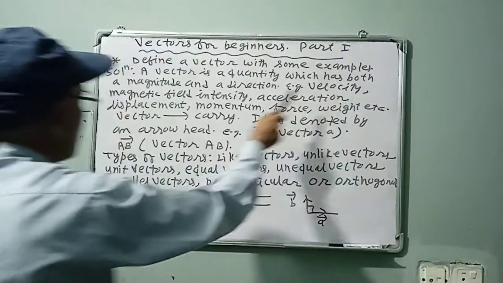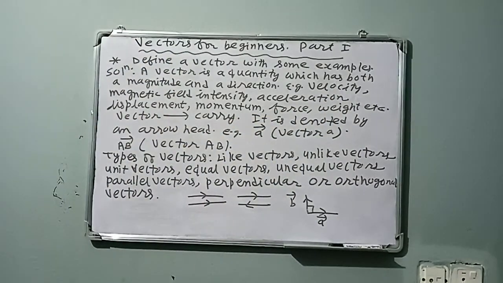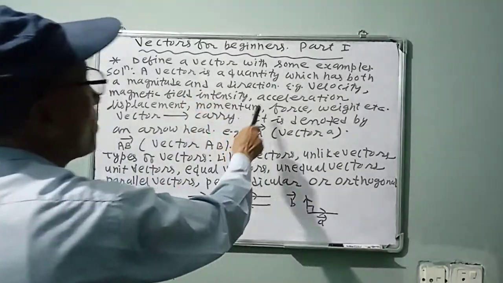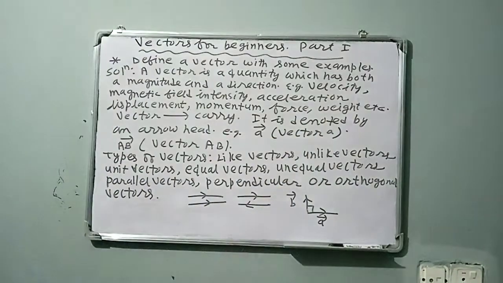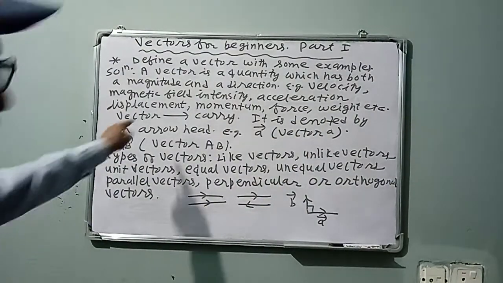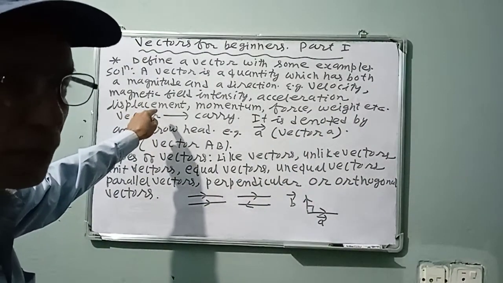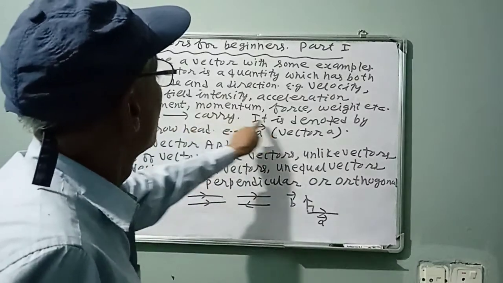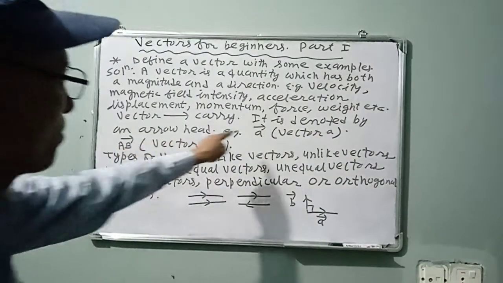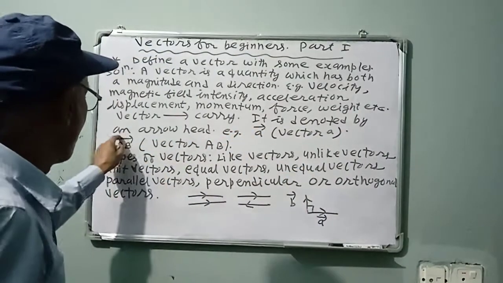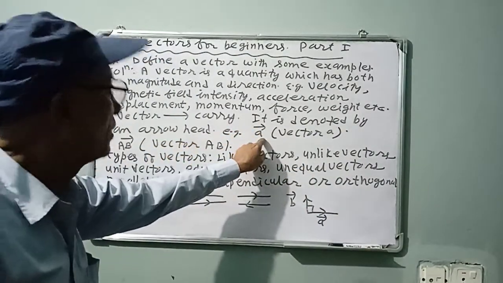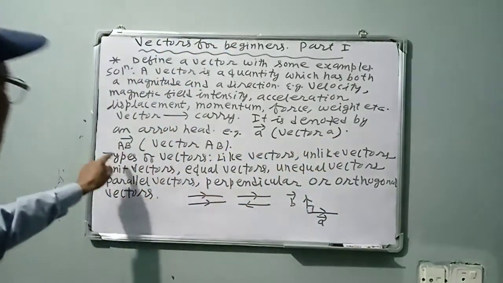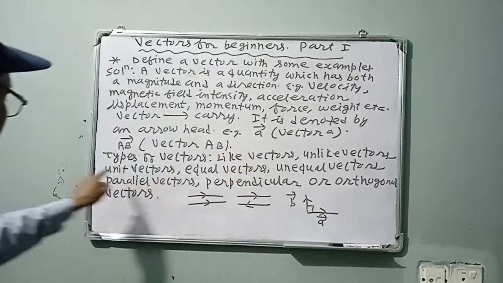Examples: velocity, magnetic field intensity, acceleration, displacement, momentum, force, weight, etc. The meaning of vector in a foreign language like Greek or Latin is carry. A vector is denoted by an arrowhead. Example: vector A, vector AB.